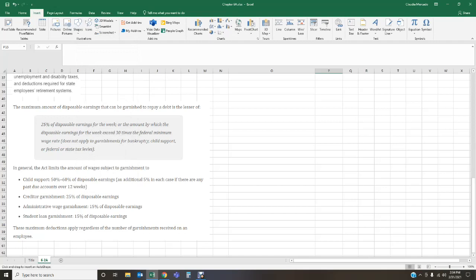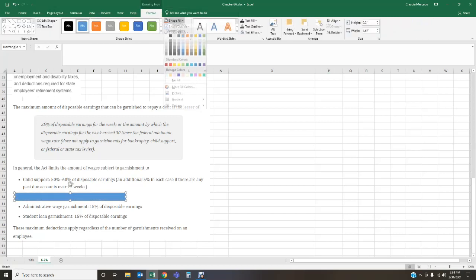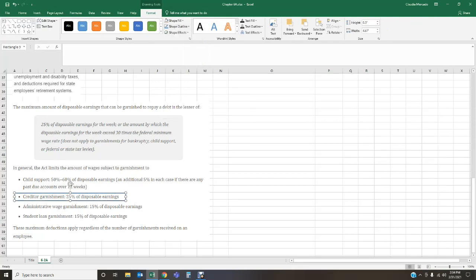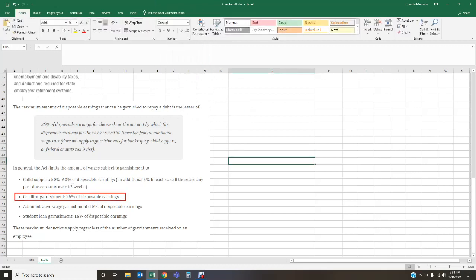Now this is a credit card debt. Creditor garnishment is 25% of disposable earnings. That's a pretty big chunk right there, guys, so make sure we pay those credit cards. Child support is 50 to 60% of disposable earnings.